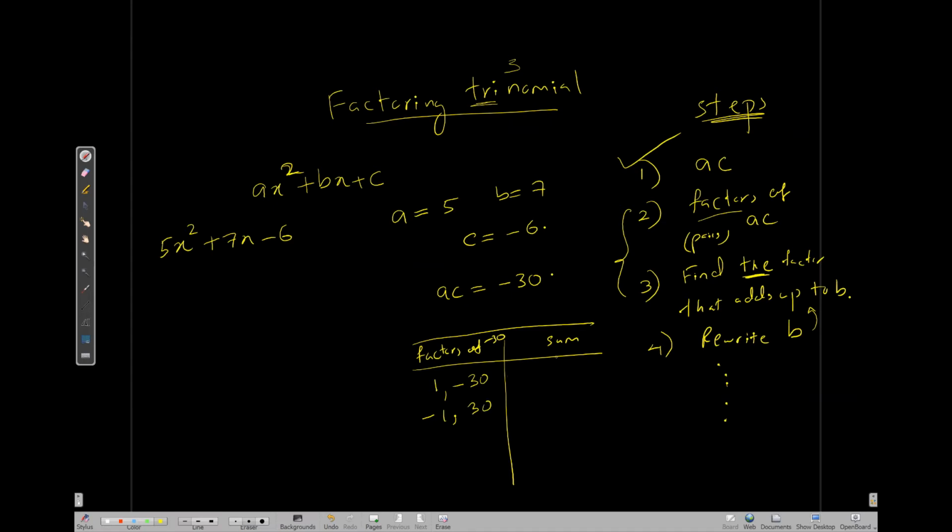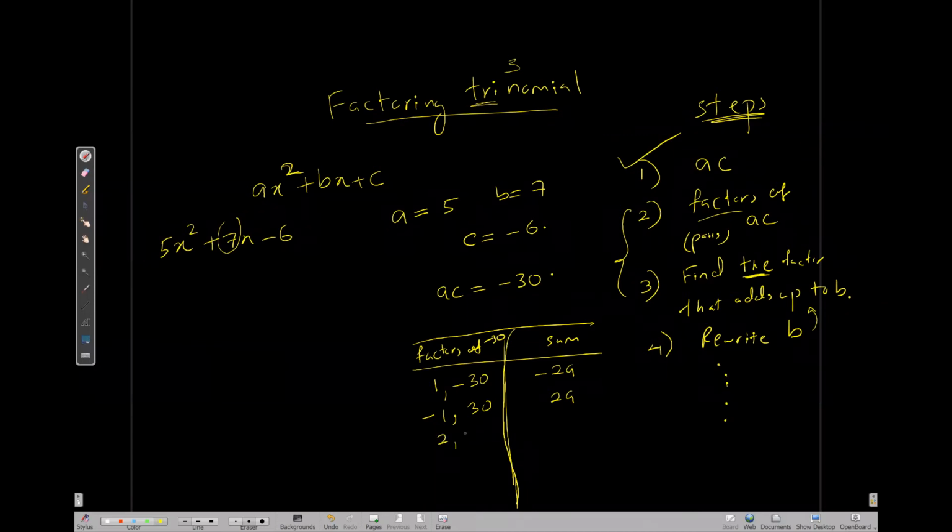What is the sum of those? Here negative 29, here positive 29. That number is not 7. So what you are looking for is a pair that, when you add, gives 7. If you can look at that without finding all those factors, that will work. But since this is the first example, let me list all of them.